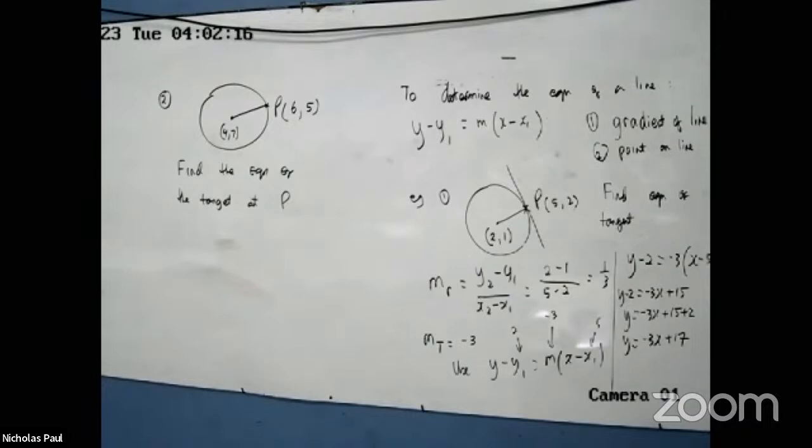I see a 4, 7, and 6, 5, right? Find the equation of tangent, please.